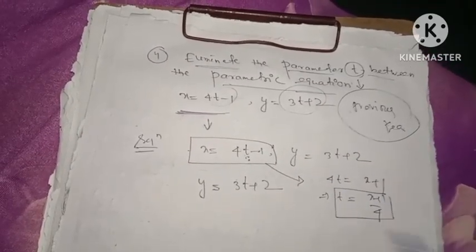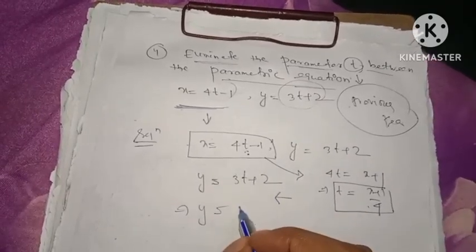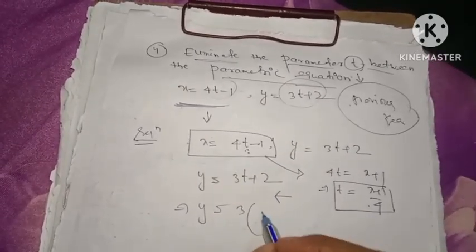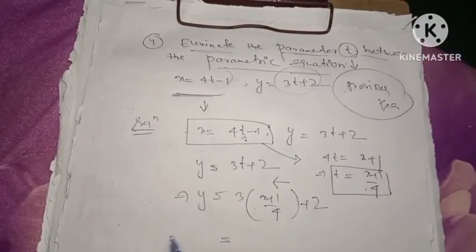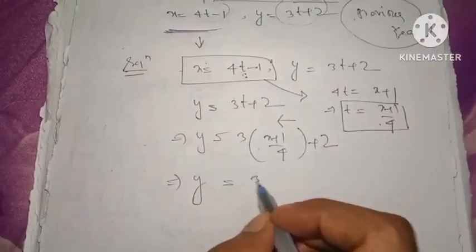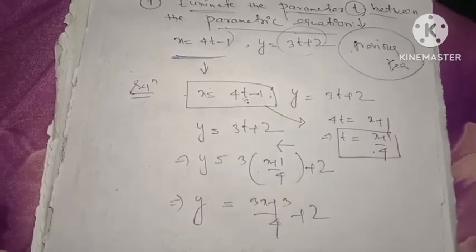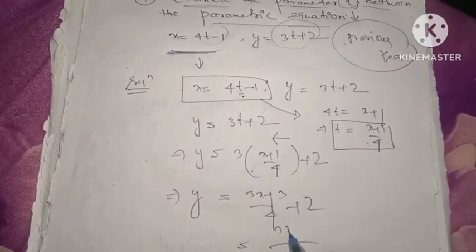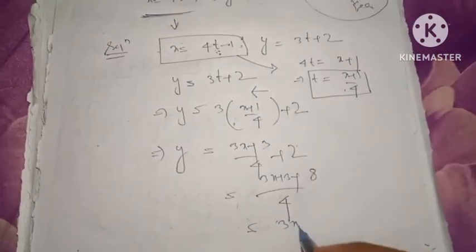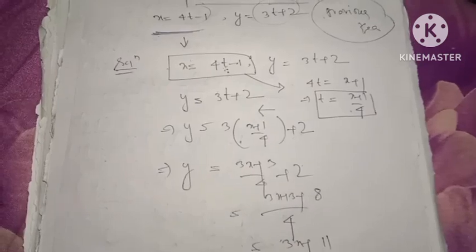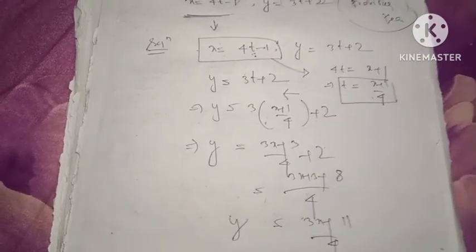Putting the value of t in the given equation, y equal to 3 into (x plus 1) over 4, plus 2. So the LCM will be 4: 3x plus 3 plus 8, which is 3x plus 11, over 4. This is y.